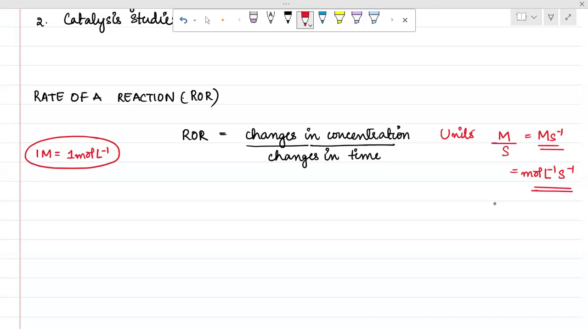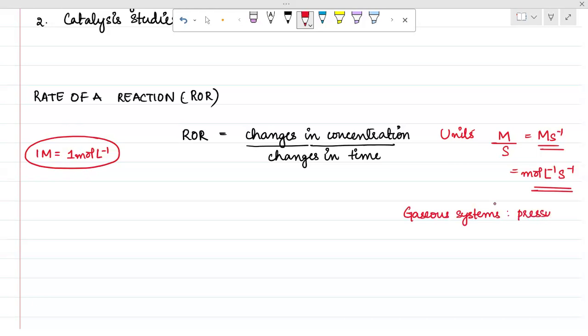Aqueous systems. Let's say you have gaseous system. Gaseous systems. For gaseous systems, it's not moles per liter per second. Here, the changes in concentrations are expressed in terms of pressure.